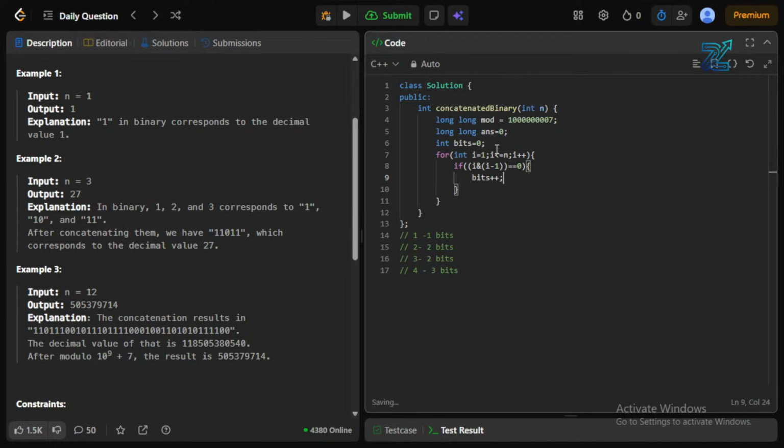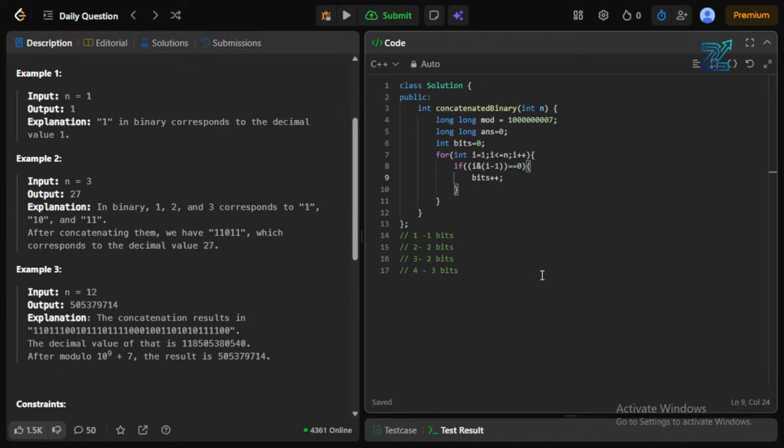So why are we writing this condition? This checks if my i is a power of 2. That means i is a power of 2, like 1, 2, 4, 8, all powers of 2, right? So if it is a power of 2, then we are going to increase my bits, right?